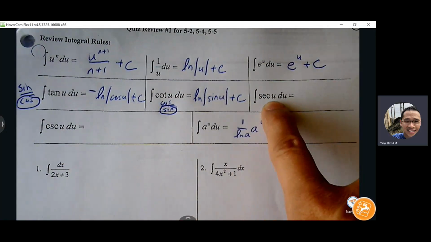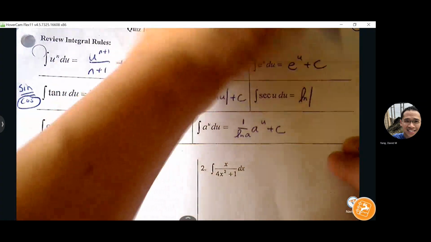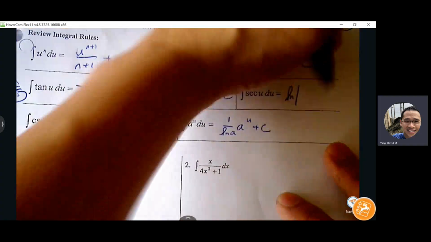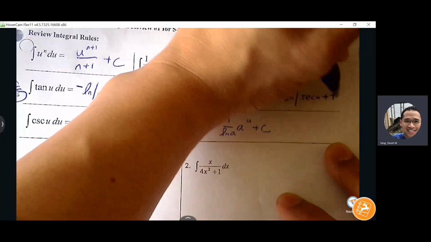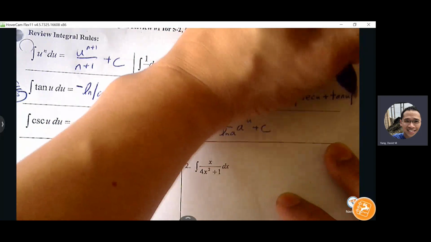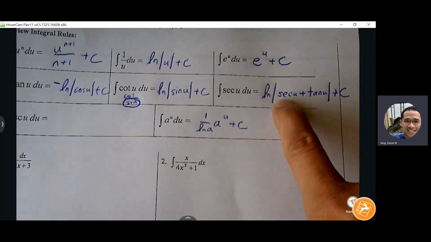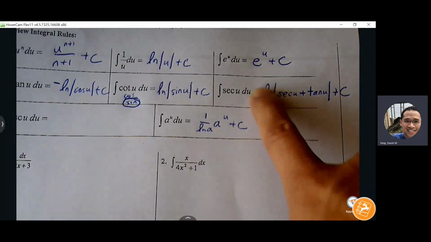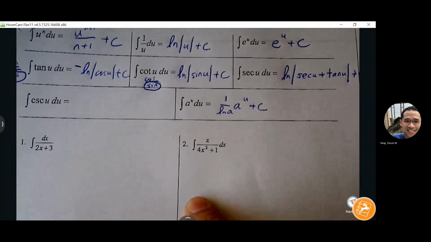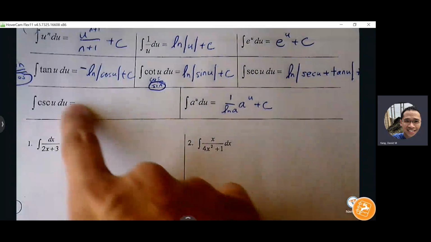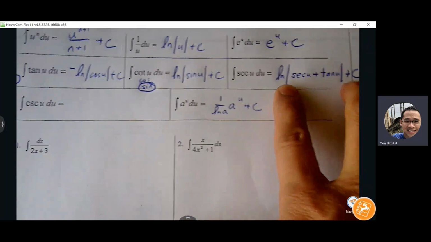Secant is not one of my original six. It's going to involve natural log. Secant and tangent usually go hand in hand, so that helps remind me. I know the derivative rule is secant tangent. This one's a little bit different. This is secant plus tangent. I don't see a letter C near the beginning, so I'm not going to put a negative in front. Right, cosecant, similar format.